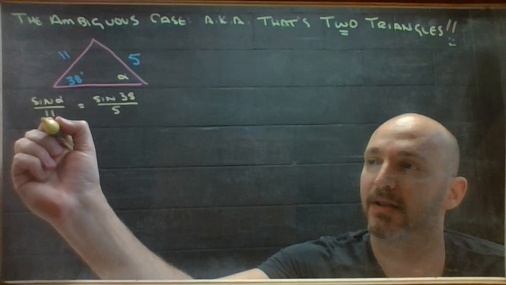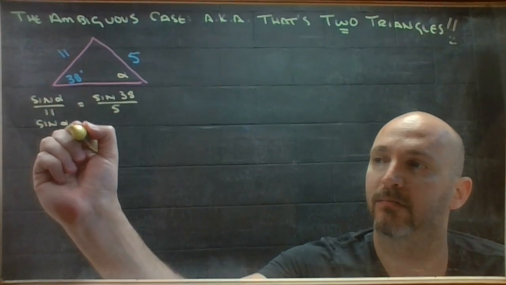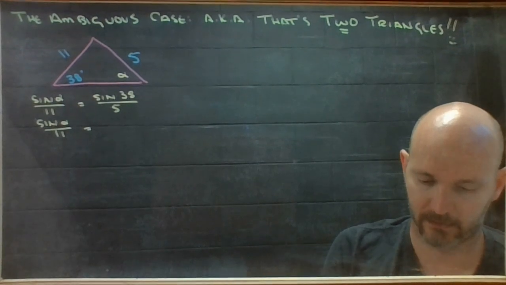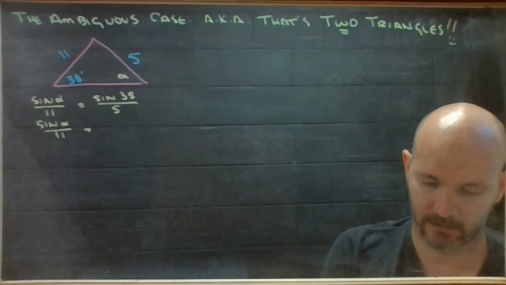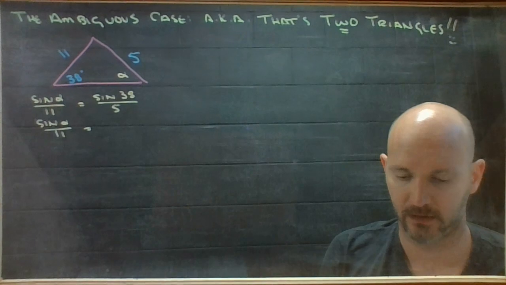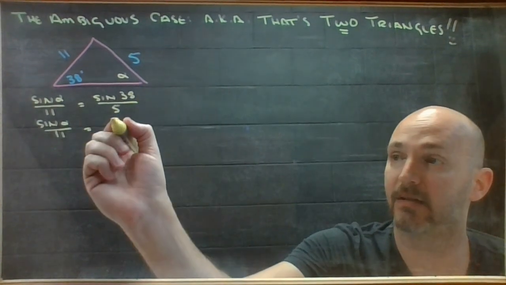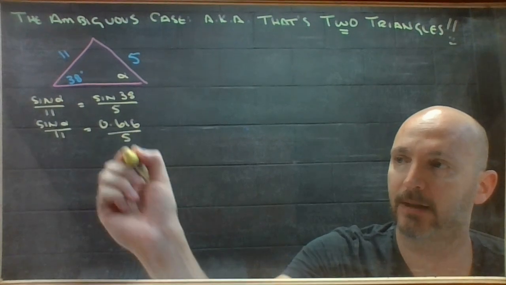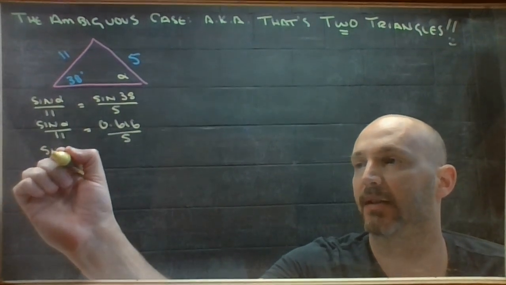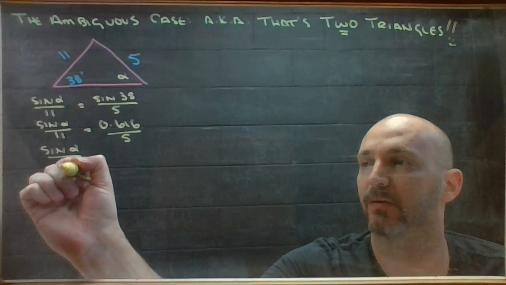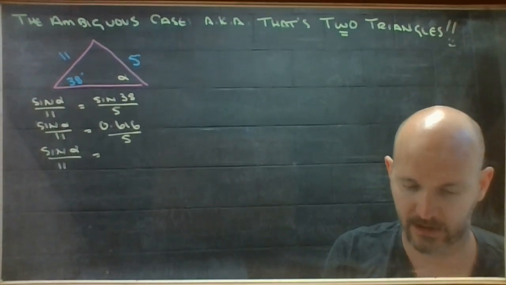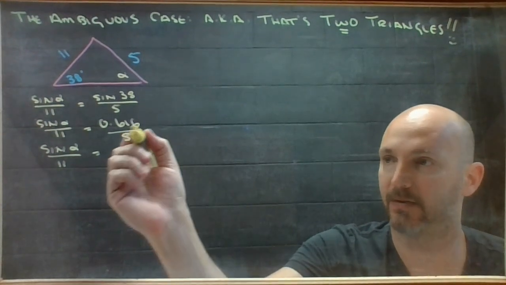So I'm going to need the sine of 38. 0.616 rounded. Sine alpha over 11: 0.616 divided by 5 gives me 0.123.